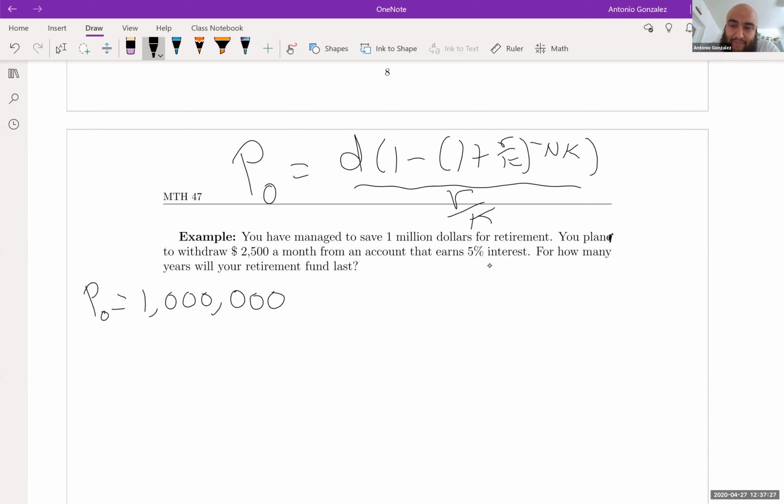Okay, and it says that you plan to withdraw $2,500 a month. All right, so our withdrawal each month is $2,500, from an account that earns 5% interest.